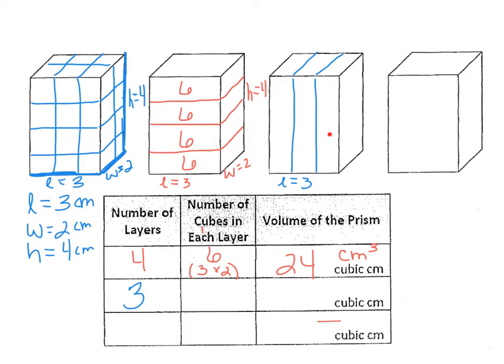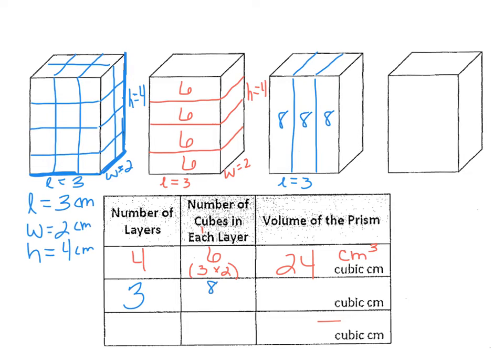So I have layer 1 to the right, layer 2 in the middle, layer 3 to the left. So am I going to look to the left over here, the middle, or the right? Where can I count the volume of each layer accurately? The right one. So 1, 2, 3, 4, 5, 6, 7, 8. So I know I have 8, 8, and 8, a volume of 8 in each layer.